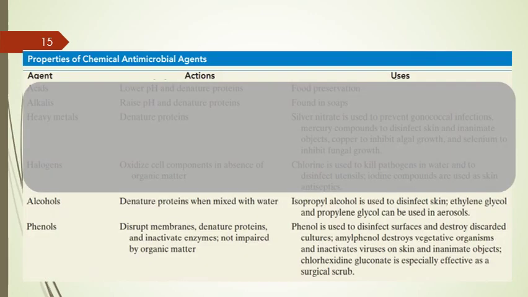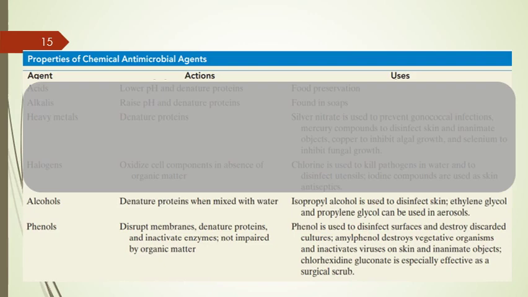If we are looking at the properties of the chemical antimicrobial agents, the hidden parts will be discussed in later lectures. In this lecture, we are discussing alcohol and phenol. You can see alcohol denatures protein when mixed with water, as already discussed.